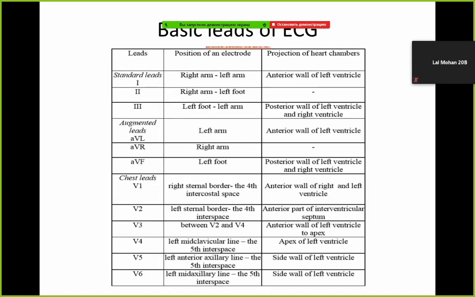So this is the list of basic leads of ECG. Standard leads: there are 3 standard leads, 3 augmented leads, and 6 chest leads. Standard leads: the first, right arm, left arm; the second, right arm, left foot; the third, left foot, left arm.